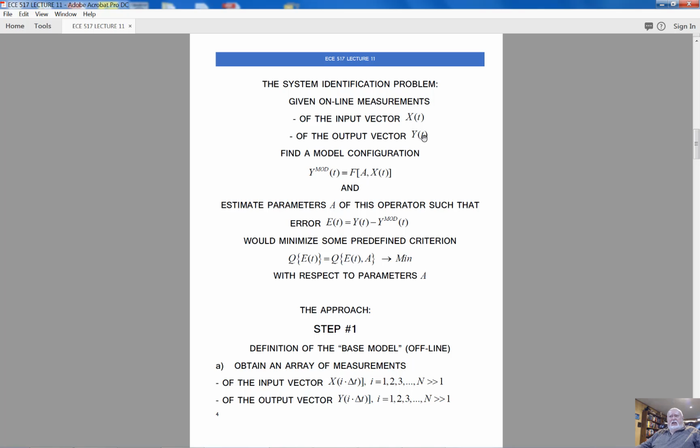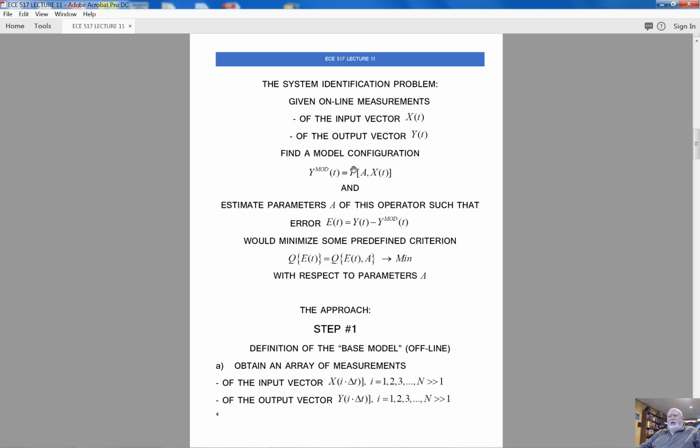Generally speaking, it could be quite different from the output variable of the real plant. We can also call it the calculated output, because we do not observe it, we compute this variable. And this output variable of the model is represented by a vector y model.